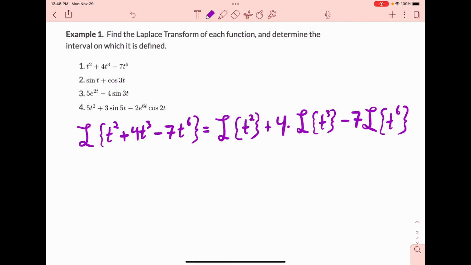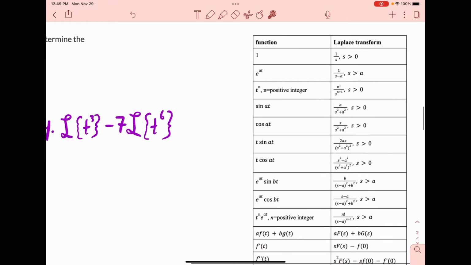And now we need to apply the Laplace transform to each of these basic functions, and for that we're going to look at the table. Each of the functions we're taking the Laplace transform of is t to a power. So over in our table, if we look down, these are the different functions, and these are their Laplace transforms. The function t to the power n, where n is a positive integer, has Laplace transform n factorial over s to the power n plus 1, where s is restricted to be greater than 0.